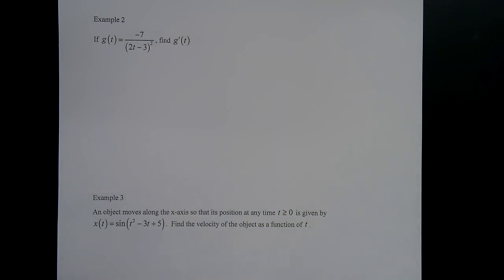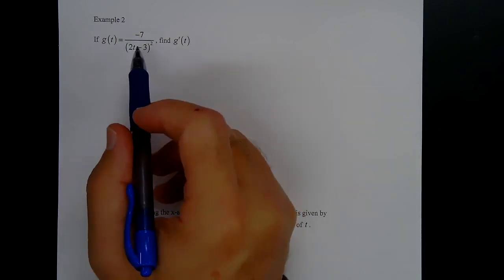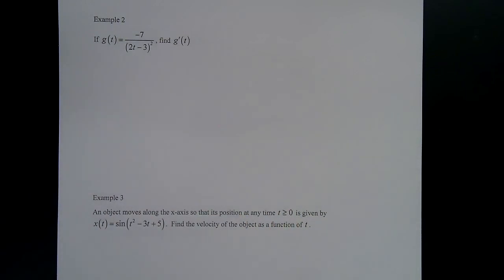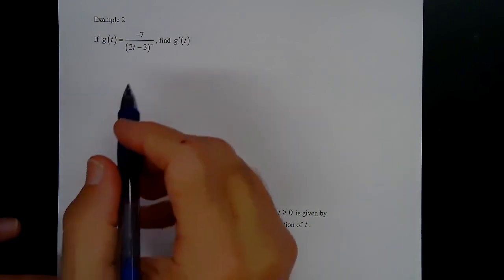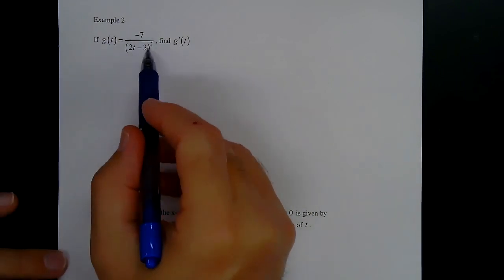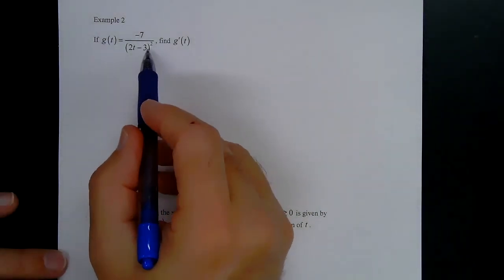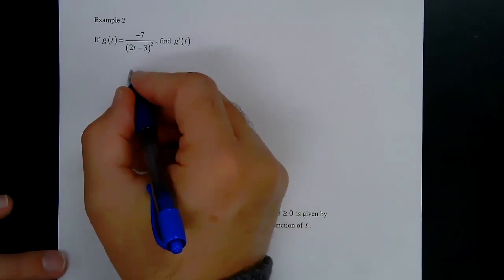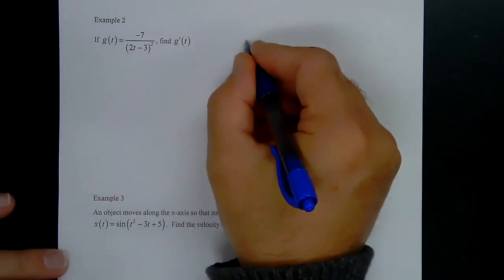So for this next example, you got to realize it's better if we rewrite this and then start the chain rule. We want to write it so it's something raised to a power now, not x to a power, but something raised to a power. And we can do that by raising this to the negative 2 power instead of the second power. So the very first thing we need to do is rewrite g of t.